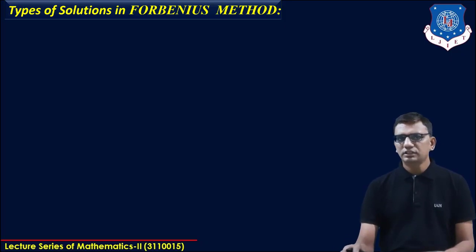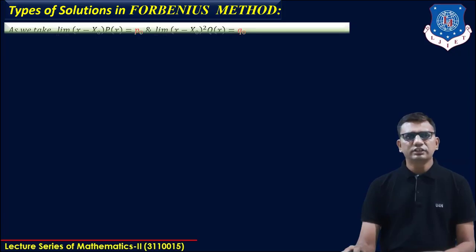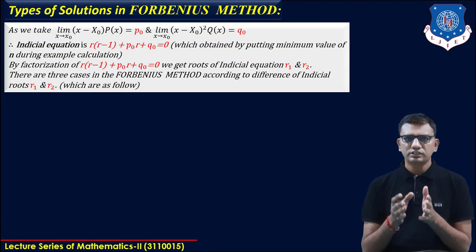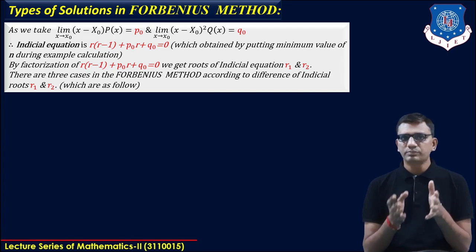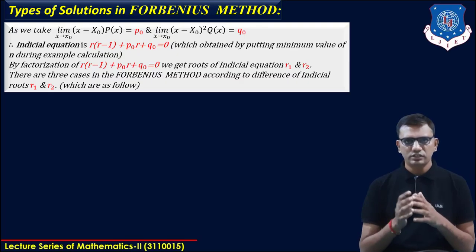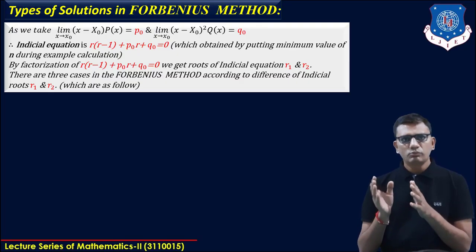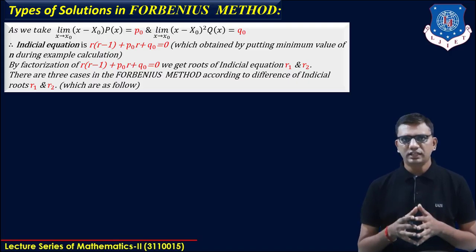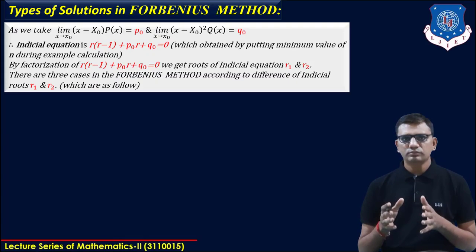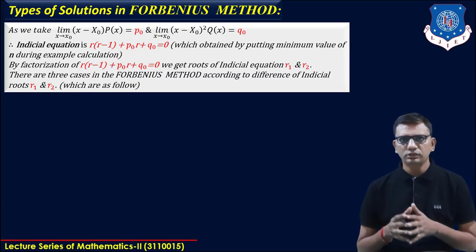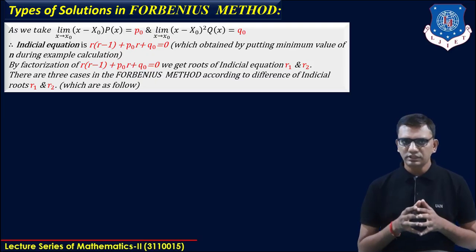Here we can find the initial roots by another method. As we know, the limit as x tends to x0 of (x minus x0) p(x) exists, call it p0, and the limit of (x minus x0) whole square q(x) is equal to q0, both exist. So the initial equation can also be obtained as r into (r minus 1) plus p0 r plus q0 equal to 0, which is also obtained by putting the minimum value of n during the calculation.